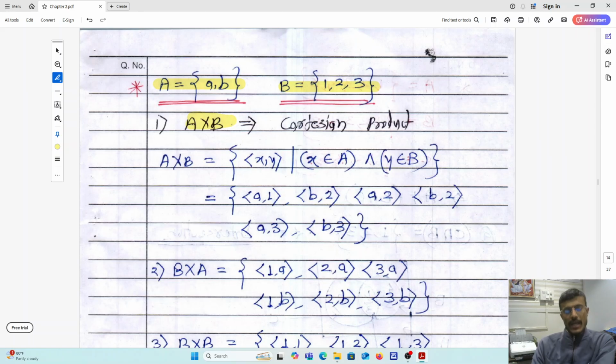It is called a Cartesian product, or also a direct product, which is equal to, in curly braces, the ordered pair (x, y) such that x belongs to A and y belongs to B. Whenever you find an ordered pair (x, y), x should be from the first set and y should be from the second set. Now, from the given two sets a, b and 1, 2, 3, you can see here.